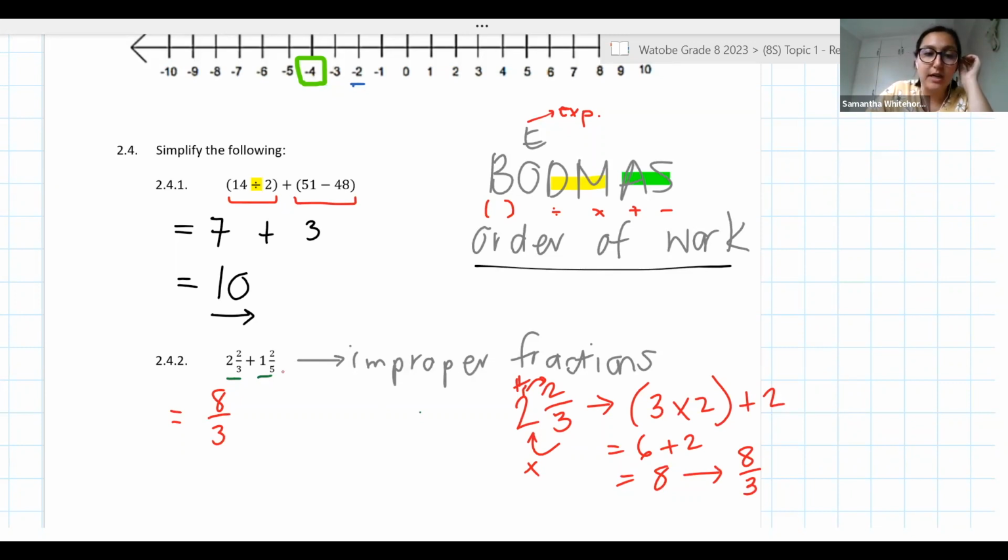So I'm going to give you guys a couple seconds. I want you to go and convert for me the second mixed number or mixed fraction of 1 2/5. What does that give me as an improper fraction? And you can raise your hand or you can put it in the chat if you want to answer, but what does it give me as an improper fraction?